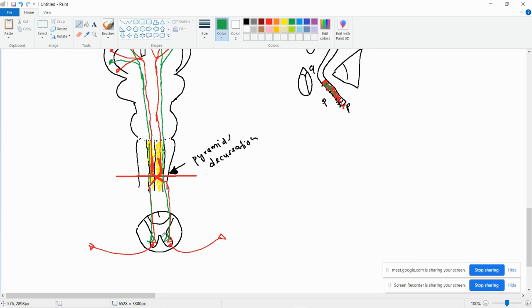Straightways. Yeah? Okay. Dia tak cross. Yes, absolutely. This fiber basically doesn't cross within the pyramid, right? Which means anterior corticospinal tract basically there is no decussation happen, okay, dengan this tract, dengan anterior corticospinal tract.